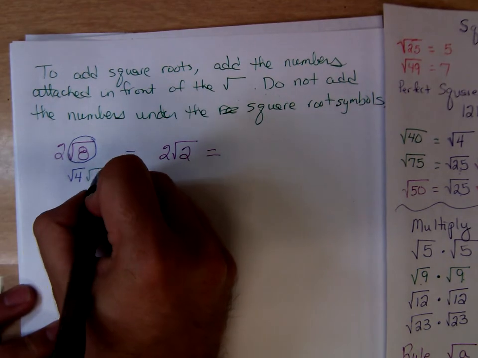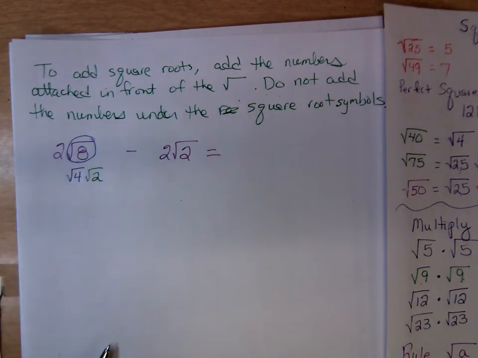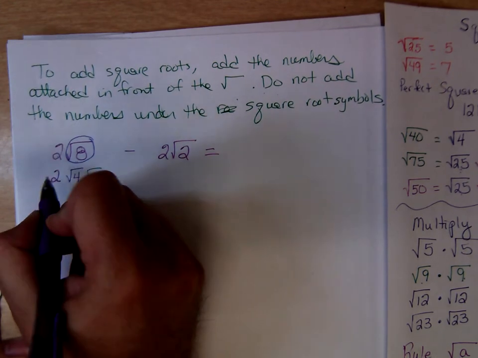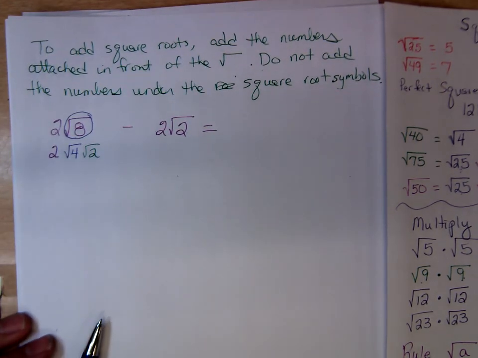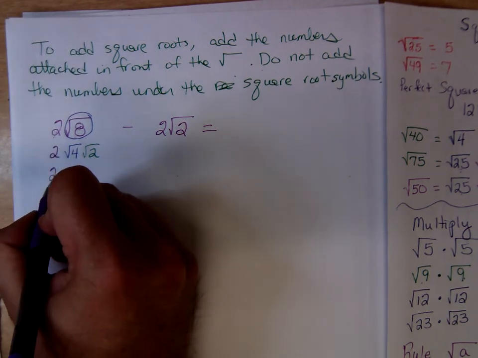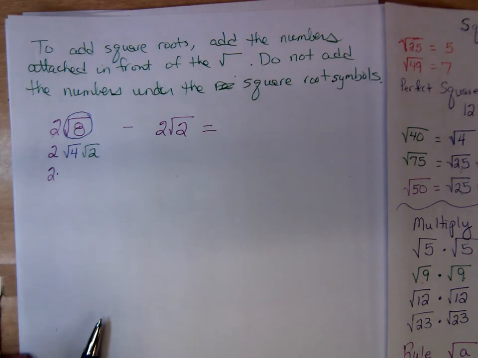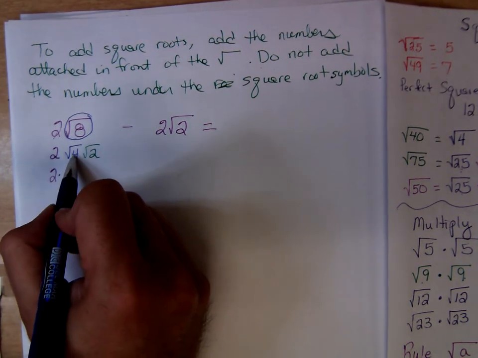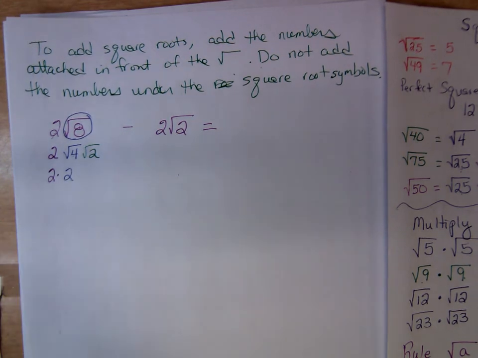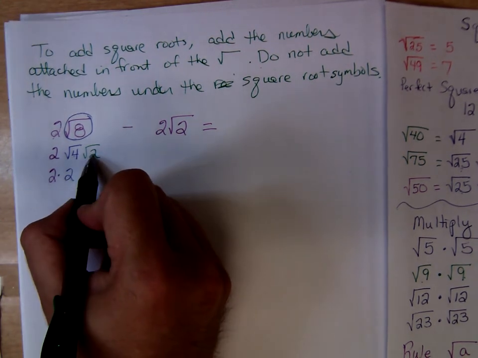We still have this big purple 2 right outside here. Again, you may not be able to tell the colors up there on the display. So we have a purple 2, I'm just carrying down. This blue square root of 4 is a blue 2. And we have the green square root of 2.